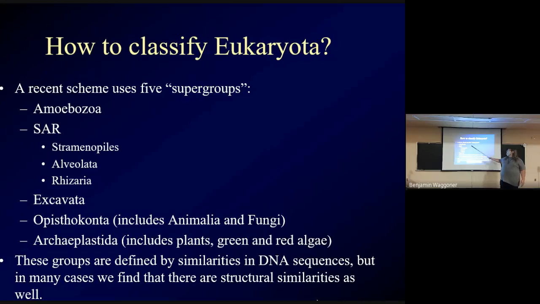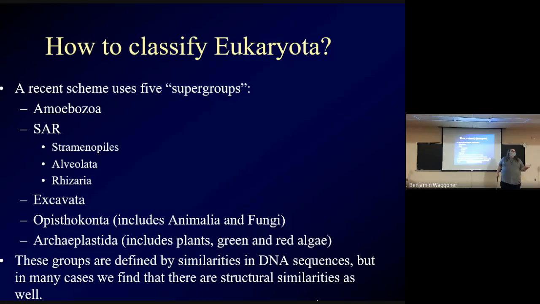So we have parasites in the Amoebozoa, parasites in this alveolata group, which is a subdivision of SAR, and parasites in a group called the Excavata, which we'll be talking about in a week or two. Opisthokonta includes animals and fungi and those protists that are more closely related to them than to anybody else.